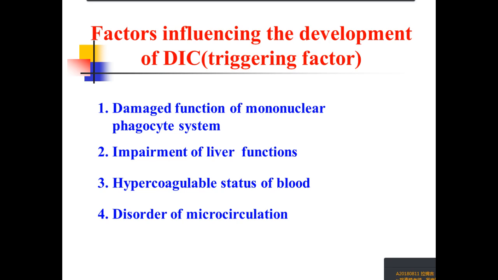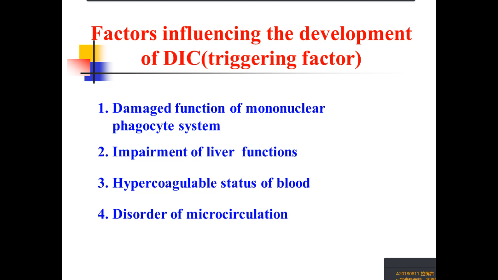Now, factors influencing the development of DIC: triggering factors of DIC include 4. The first, damage to the function of the mononuclear phagocyte system. The mononuclear phagocyte system belongs to the cellular anticoagulation system and has anticoagulation function.